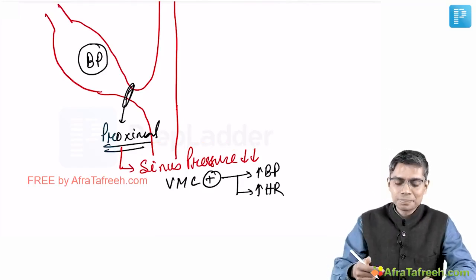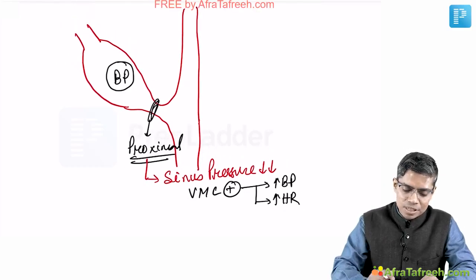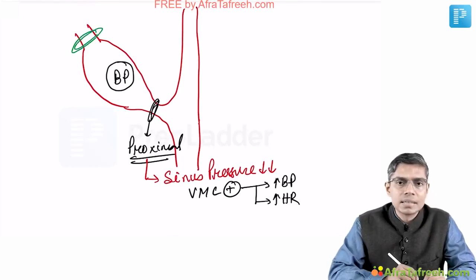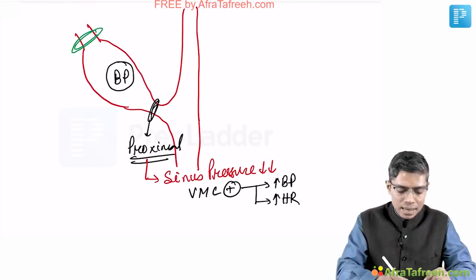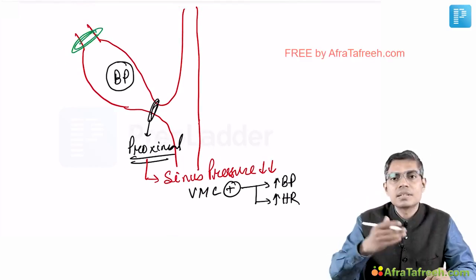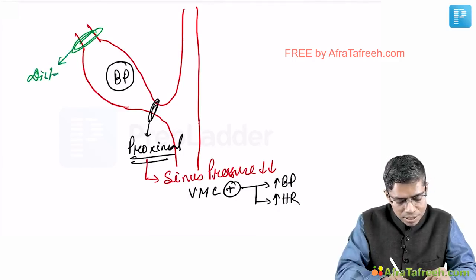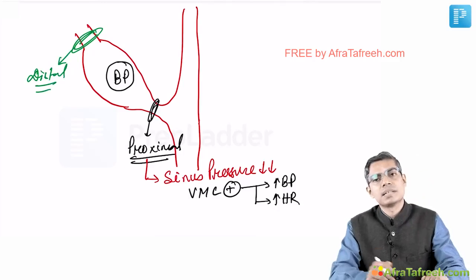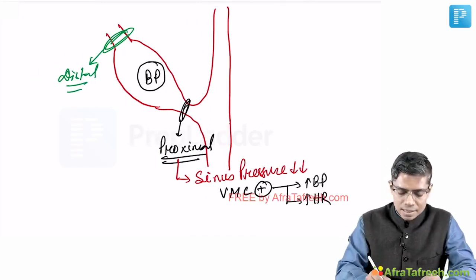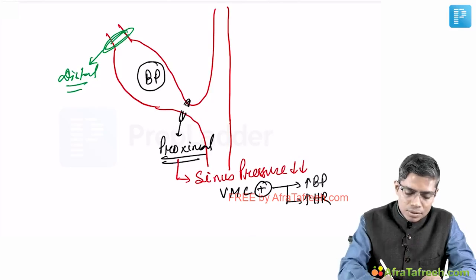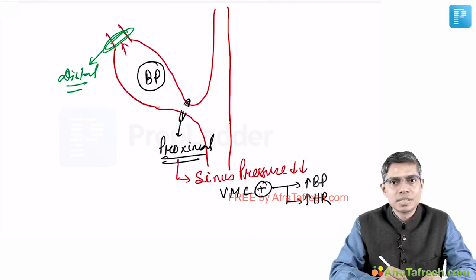In the next year, they asked a different question, and students thought that this is a repeat question. No, they asked that if you ligate both the carotid sinuses and the ligature is placed distal to the carotid sinus. So this is the distal ligature, distal to the sinus. So what will happen in these cases? This proximal part is open, so blood flow is maintained, but that blood is not able to go through this ligature region.